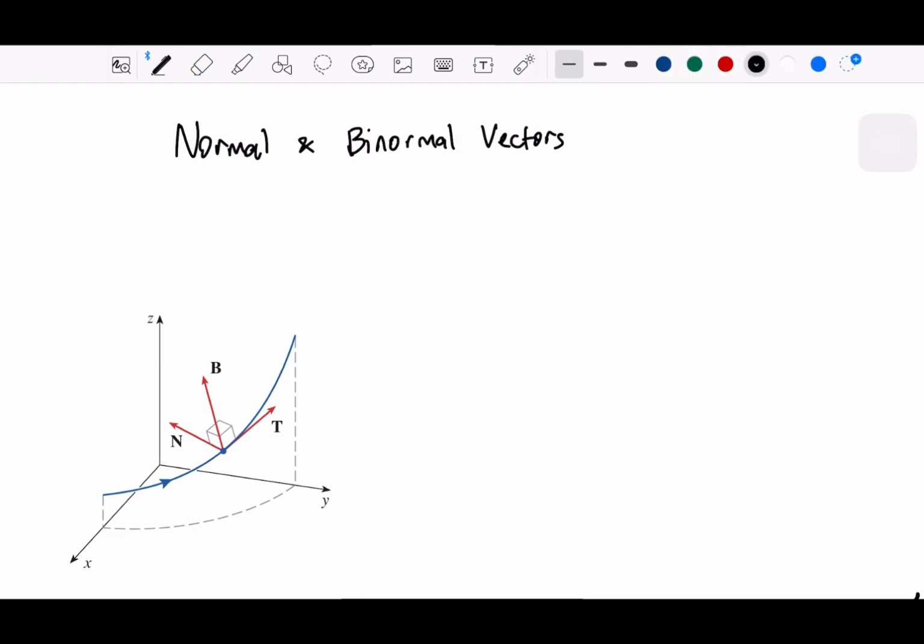The normal vector we call vector n, or simply the unit normal. This is defined by the unit tangent vector derivative divided by its magnitude.